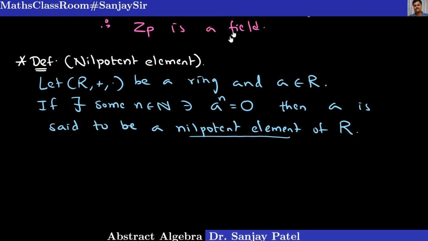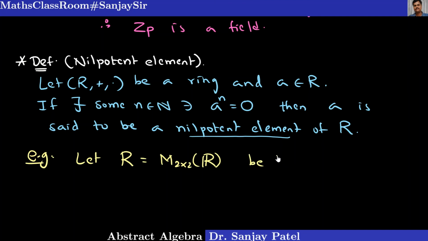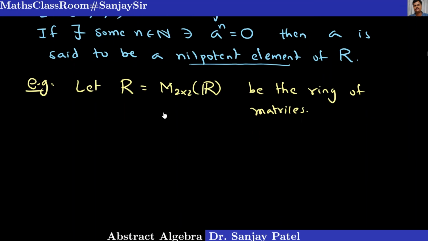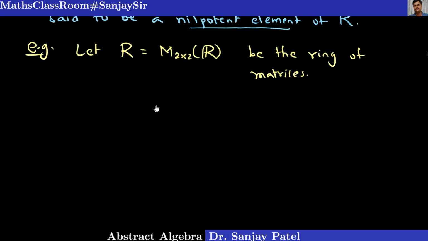Just to understand this, let us take a simple example. Let us consider the ring R of 2 cross 2 matrices with real entries. This is the ring of matrices, and I want to explain one example of a nilpotent element.